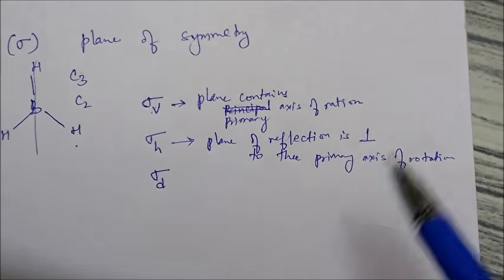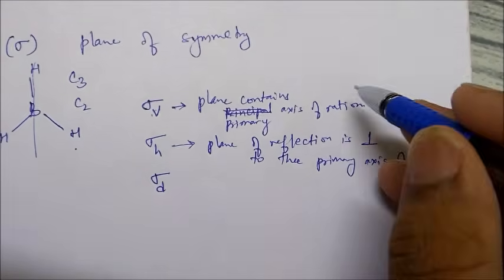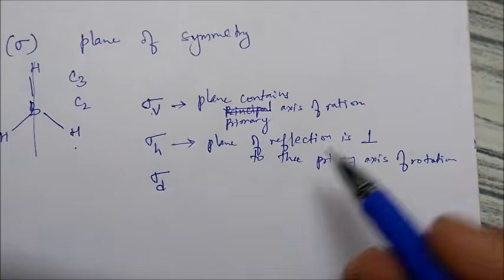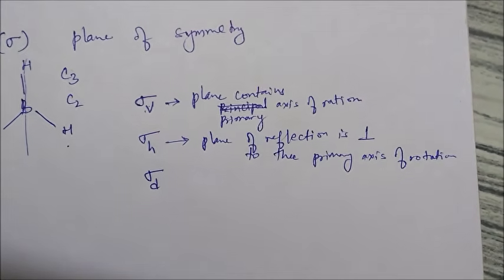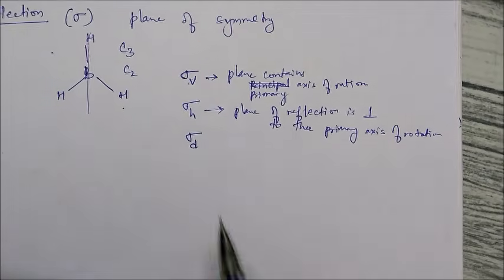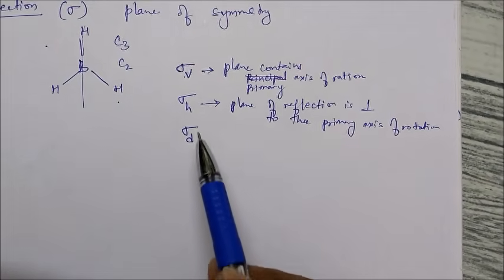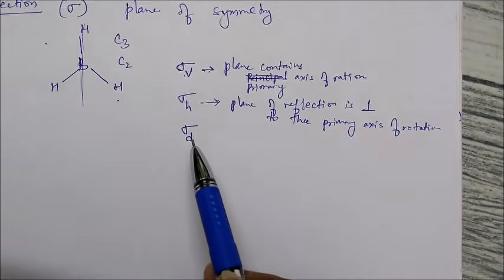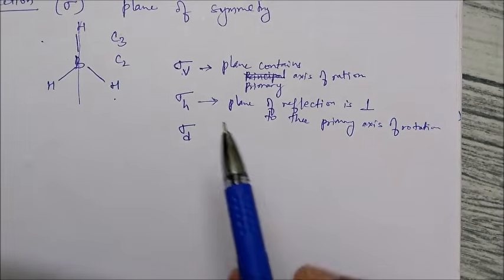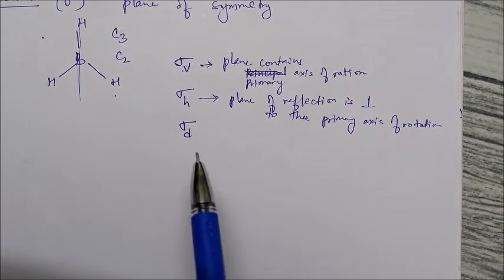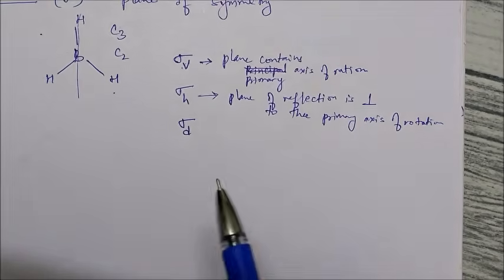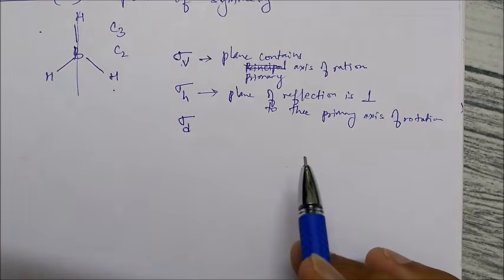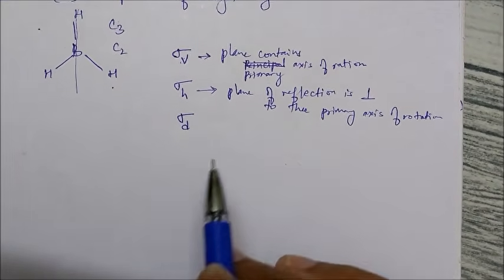If your primary axis of rotation is along the z axis and this plane is along the xy axis, then that will be called your sigma h. Next is the dihedral plane of reflection. A dihedral plane of reflection is generally a mirror plane that contains the principal axis and bisects the angle found between adjacent C2 axes.